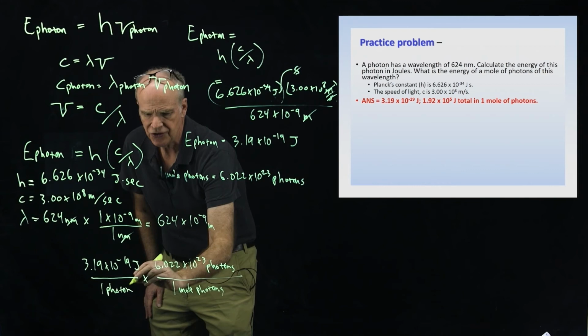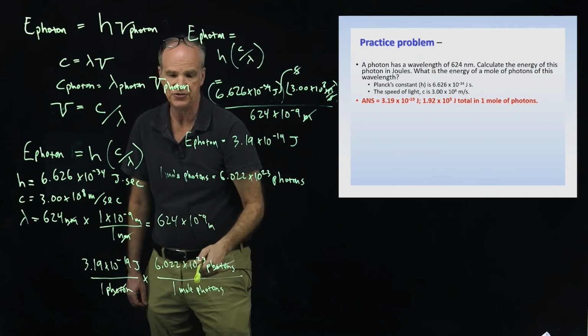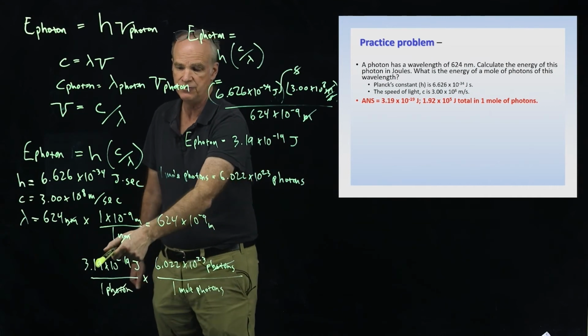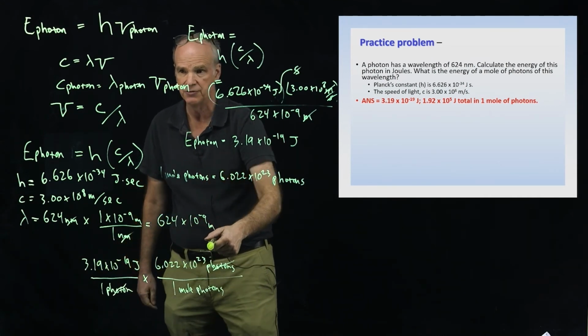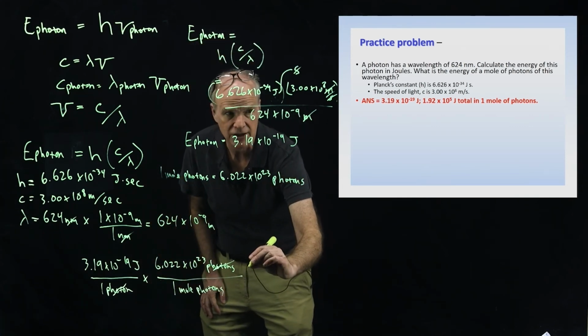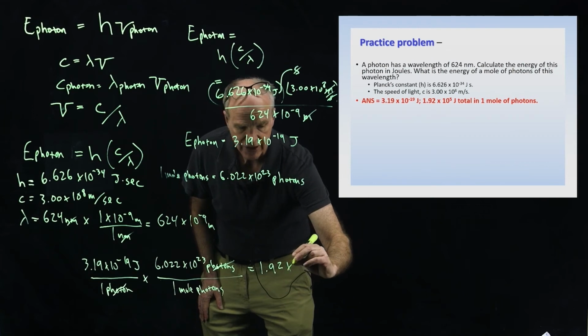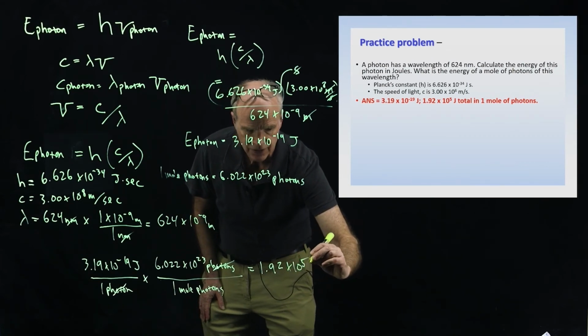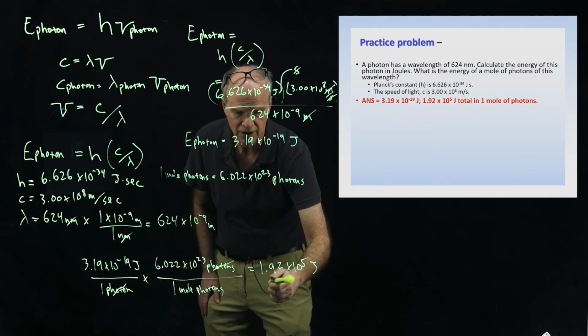Okay, and so what you can see is photons cancel out, and we're left with an answer in moles of photons. If you multiply 3.19 times 10 to the negative 19 times 6.022 times 10 to the 23, you should get 1.92 times 10 to the 5 joules. And so this is the energy found in 1 mole of photons.